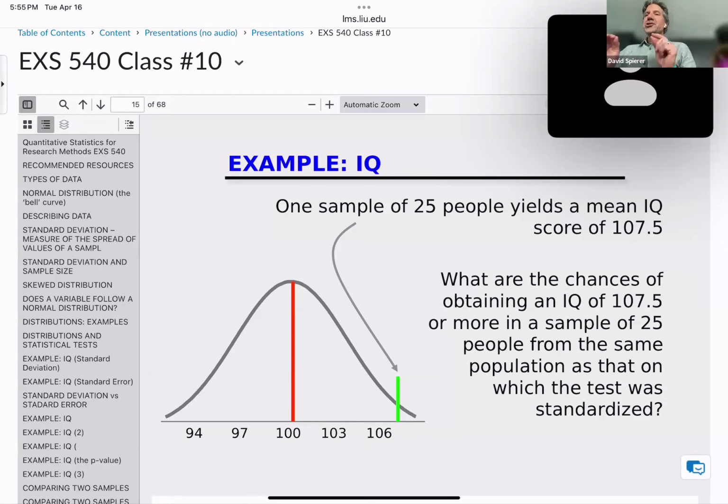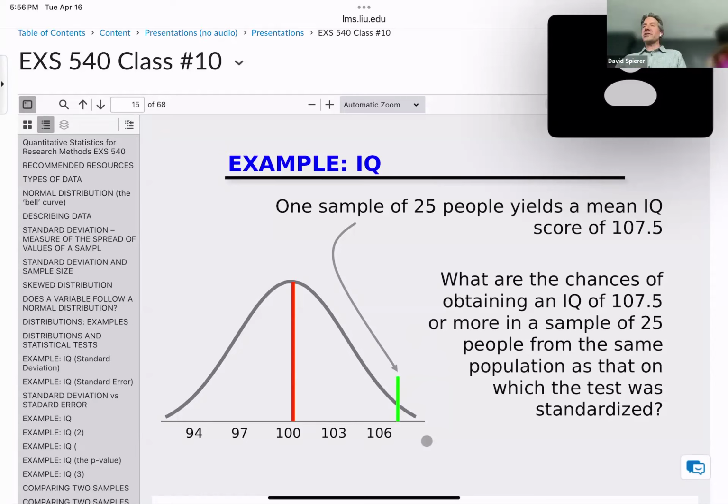So what are the chances of obtaining another IQ score of 107.5 or more in a sample of 25 people coming from the same population as that test was standardized? So meaning you're looking at this entire group and then you're taking 25 people and they score a 107.5. What are the chances?